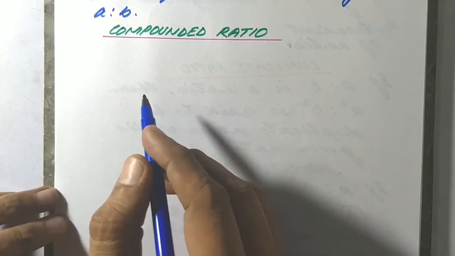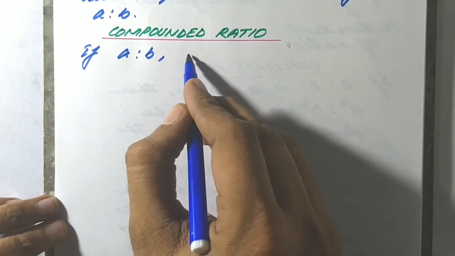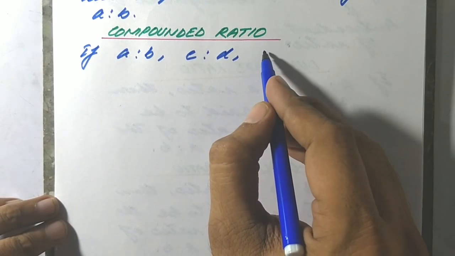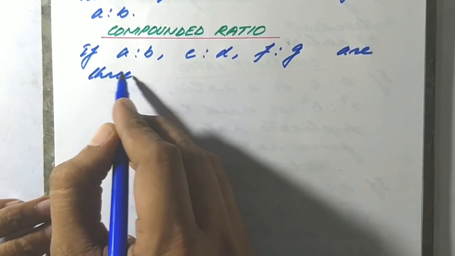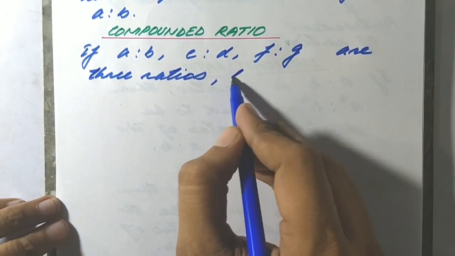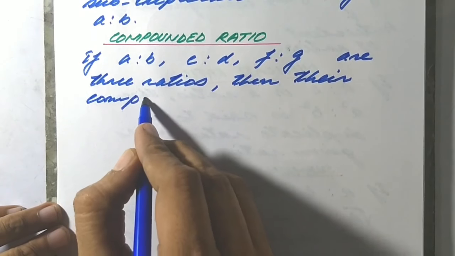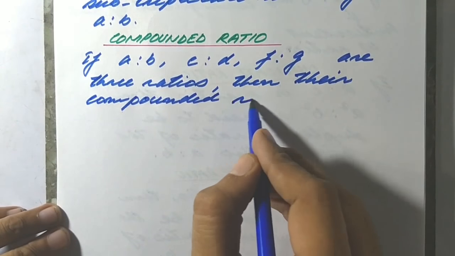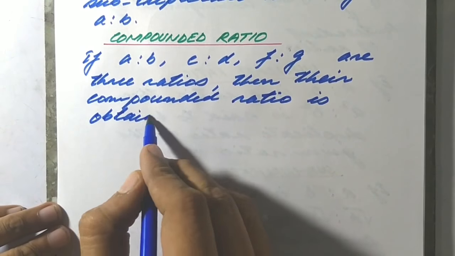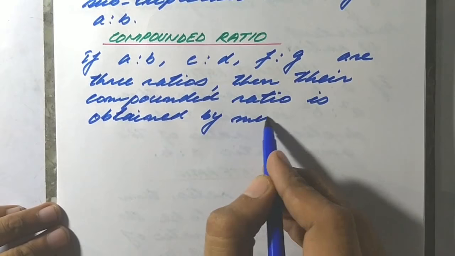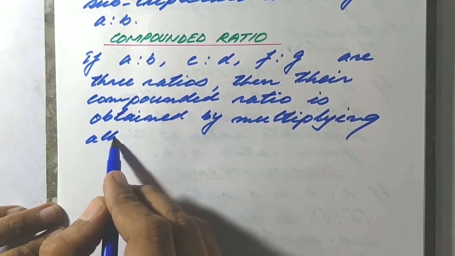Now the next topic is compounded ratio. If A is to B, C is to D, F is to G are three ratios, then their compounded ratio is obtained by multiplying all the three ratios.